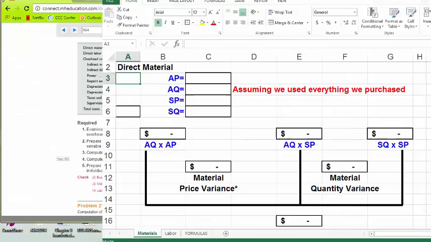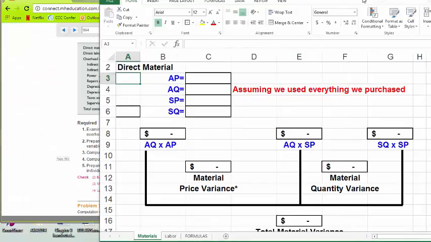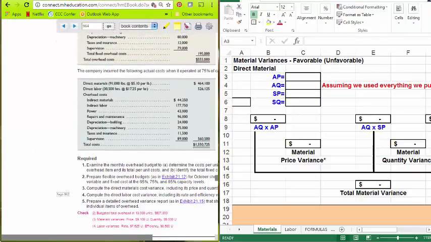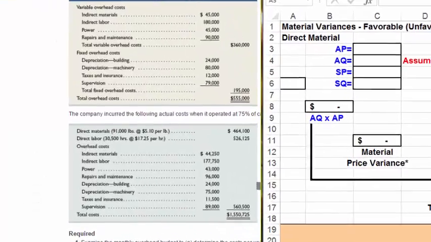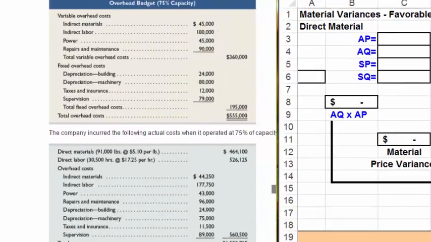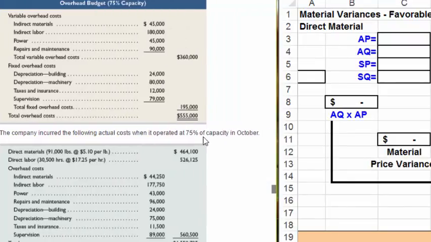The actual price will be, and let me pull it to the side. We have our company incurred the following actual costs when it operated at 75% capacity. So the direct materials were 91,000 pounds. That was actually purchased. So that'll be our actual quantity. So let's go ahead and plug in 91,000 pounds.